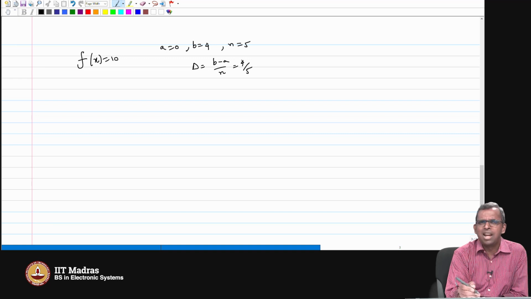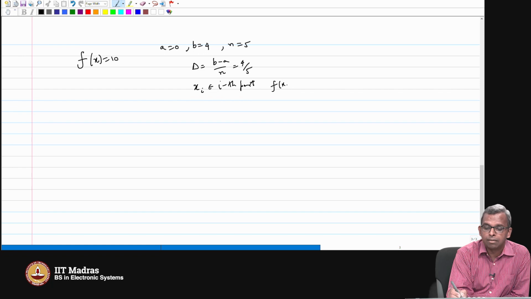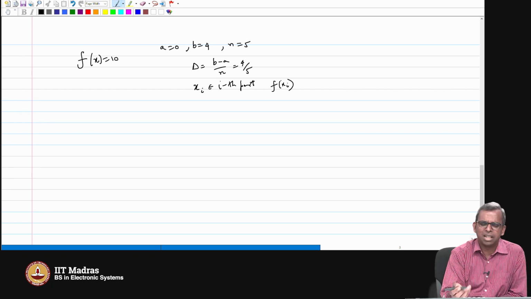It doesn't really matter what delta is, but anyway. It's asking you for mid Riemann sum, left Riemann sum, right Riemann sum, whatever. Let's say some xi you pick in the ith part, right? What will be f of xi? Whatever part you pick, it will just be 10 because it's a constant function, right?